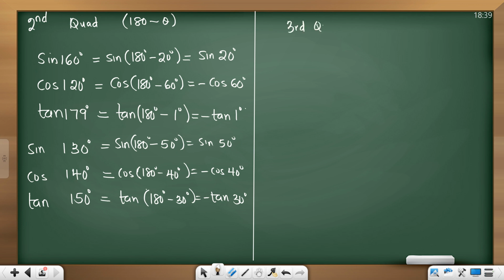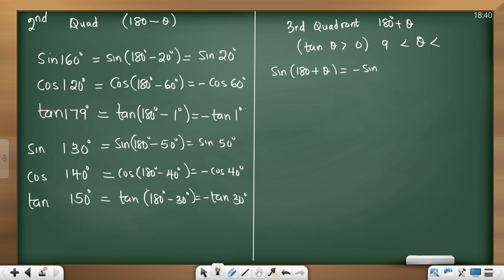In the third quadrant, we're now saying 180 plus theta. And in the third quadrant, only tan is positive. So sine 180 plus theta, I'm in the third quadrant.